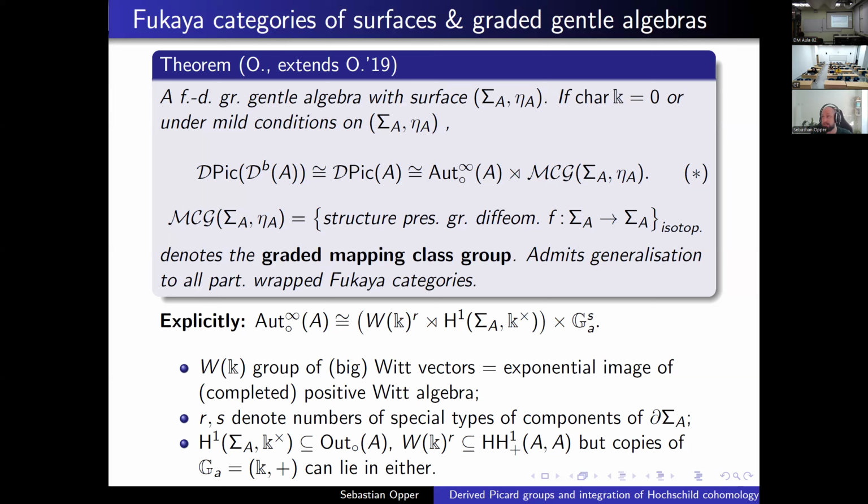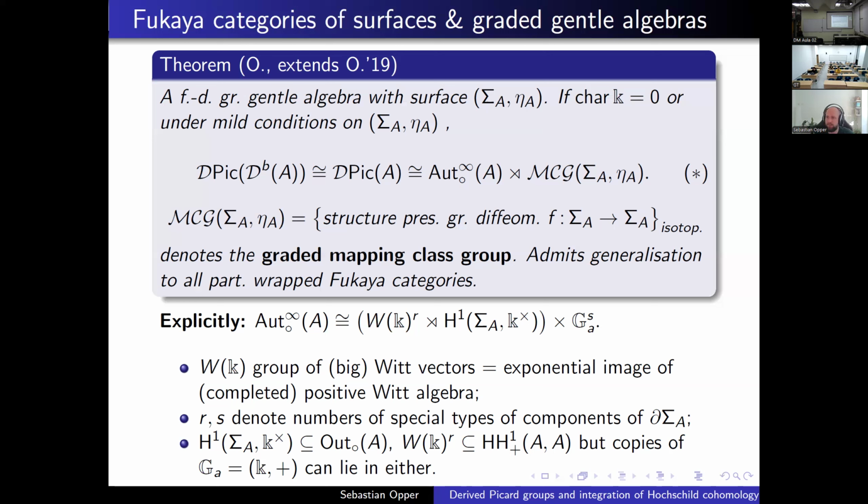So the reason is, morally, this derived category, or the perfect complexes of A, you can model all the objects in there. There's a classification of the indecomposable objects, and then there's a way to map the isomorphism classes of those indecomposable objects to curves on the surface that is associated to the gentle algebra.